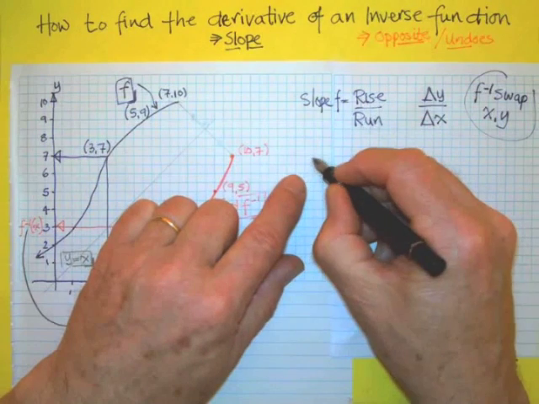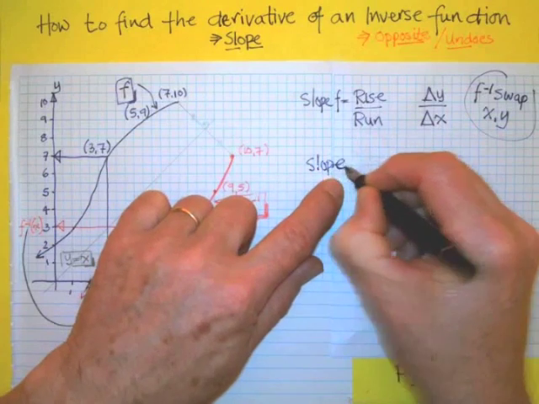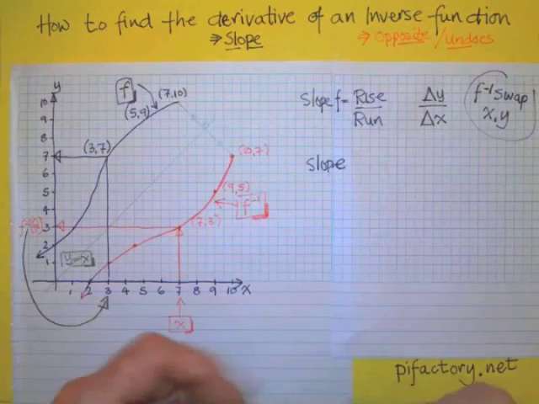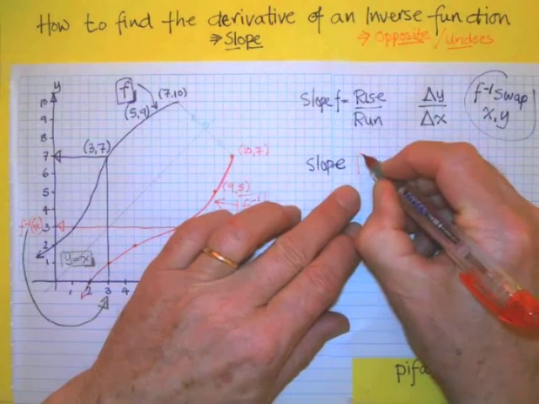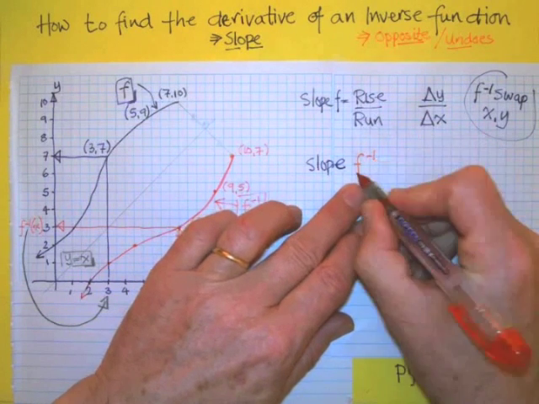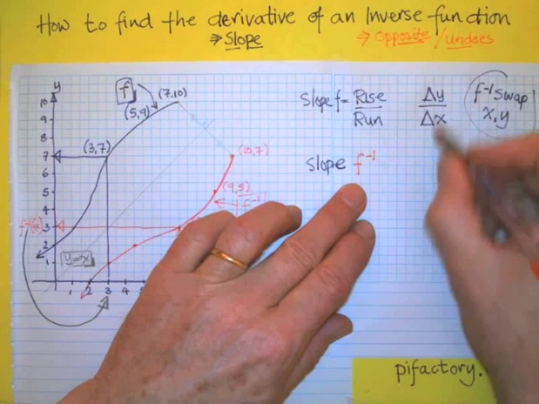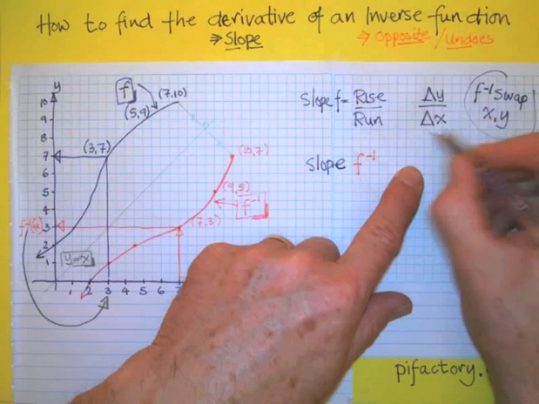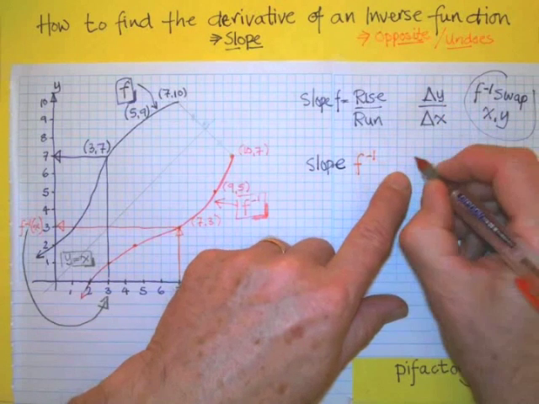If we want now the slope of the inverse, let's just use colours here to keep everything nice and easy, so we can identify stuff. The slope of the inverse f is going to now be the reciprocal of this. We're going to swap the x's and y's over.